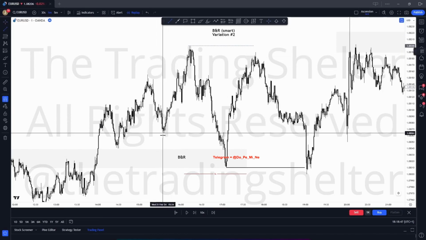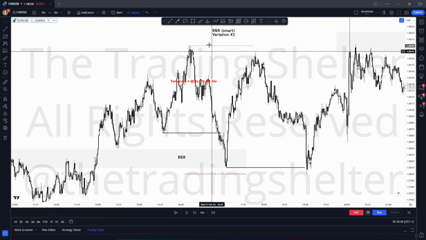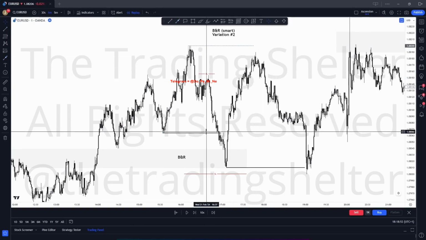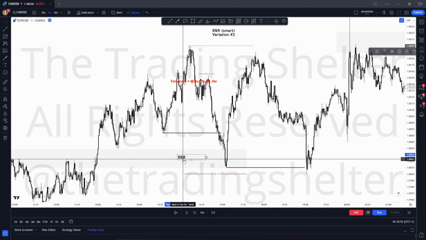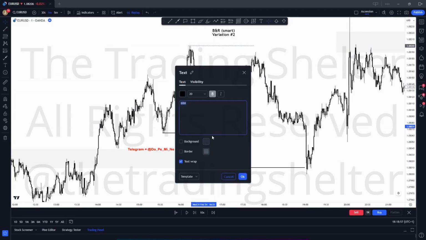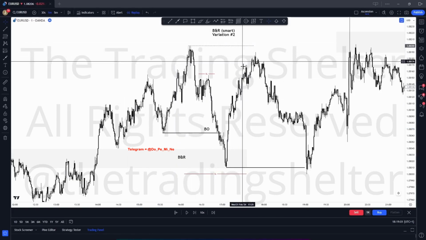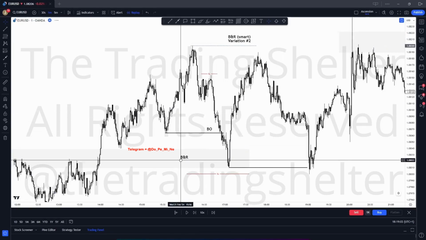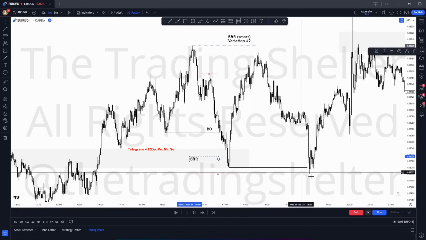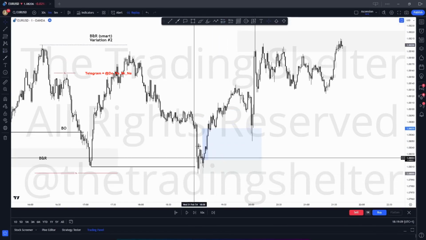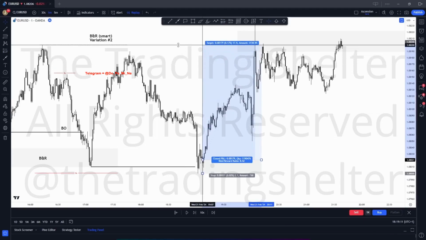We have also breakout traders entering here. Stop losses are here. I'm telling you, it's not a joke. It's literally rinse and repeat. And this is just the tip of the iceberg. So you know that these guys didn't enter, the smart guys. So the stupid ones got liquidated. Then I would be entering here and targeting the new high.